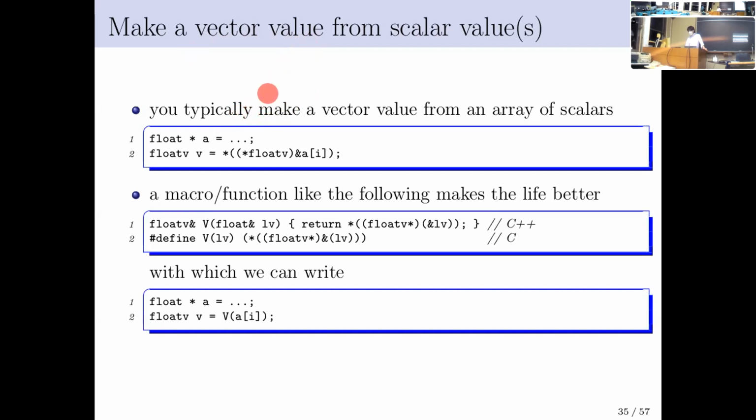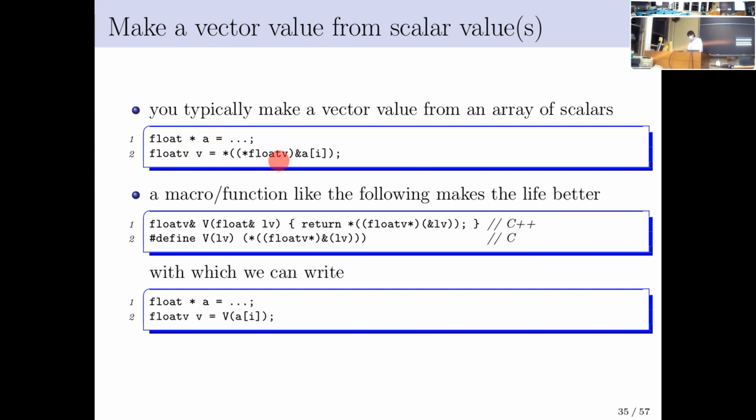In order to make a vector value, you typically do so from an array of scalars. Let's say you have a pointer to ordinary scalar floats. Then what you need to do is simply get, for example, 16 consecutive elements of the array.